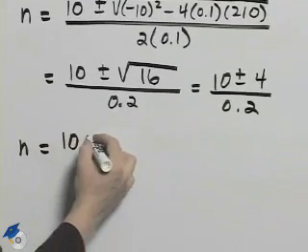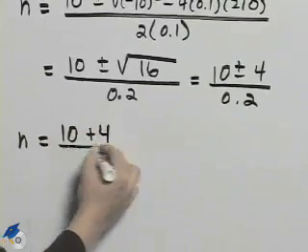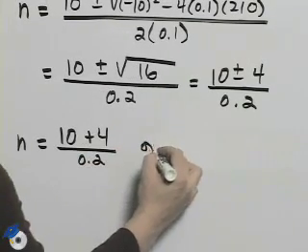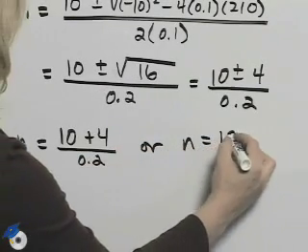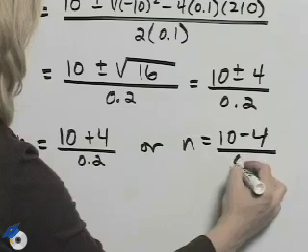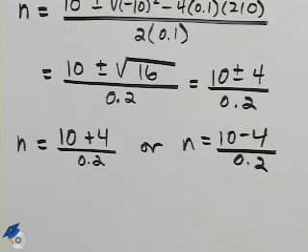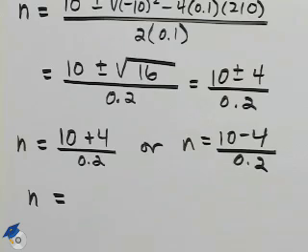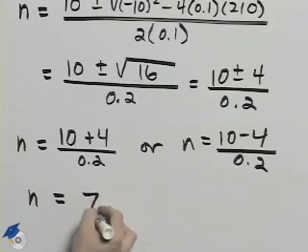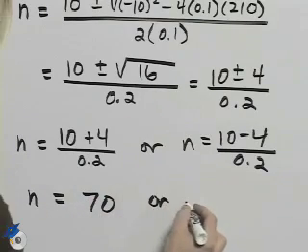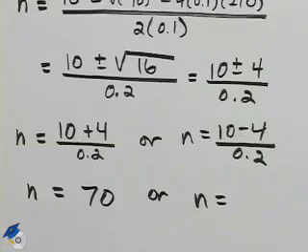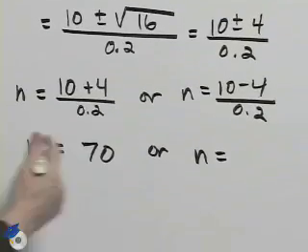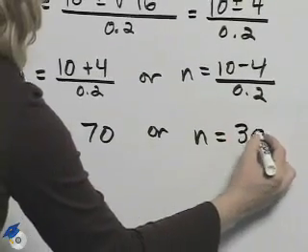So n is 10 plus 4 divided by 2/10, or n is 10 minus 4 divided by 2/10. On the left-hand side, 10 plus 4 divided by 2/10 will give us 70. The right-hand side, 10 minus 4 divided by 2/10 is 30.